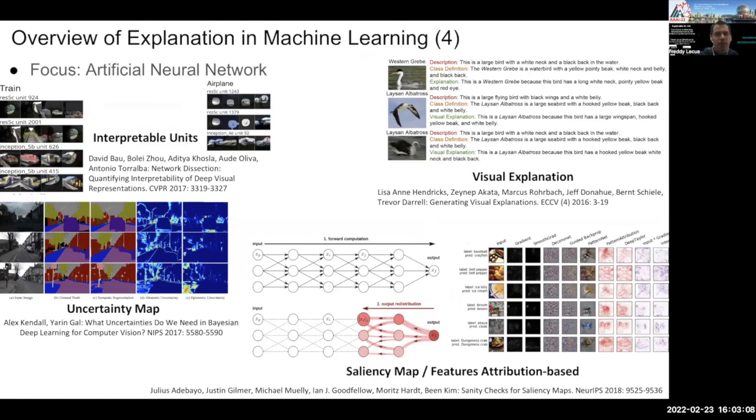Other kind of techniques are interpretable units. So that's some work from MIT where they try to see, based on the architectures that you have, all the neurons, the layers, which neurons, which units is really responsible for what kind of class. So it's a segmentation task, and they have a nice way to evaluate the interpretation. It's based on intersection over union, based on the image that you pass in and the activation that you get for different units.